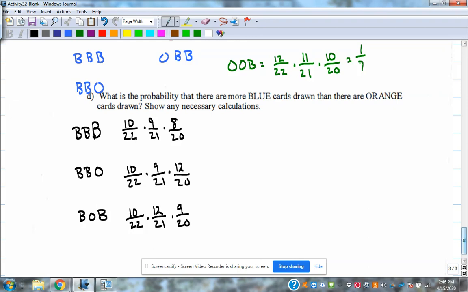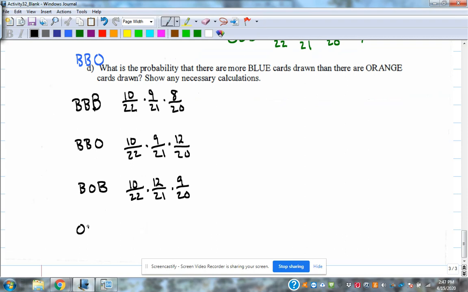And then you could have orange and then 2 blues. It'd be 12 out of 22, and then 10 out of 21, 9 out of 20. Those are the 3 scenarios where more blue cards are drawn than orange cards.